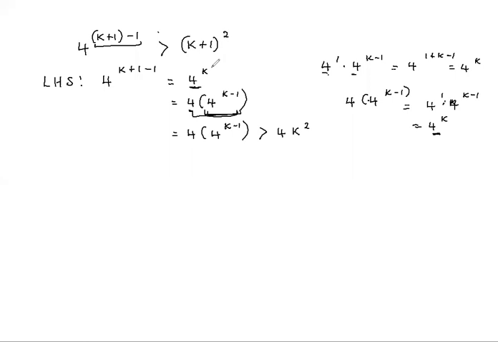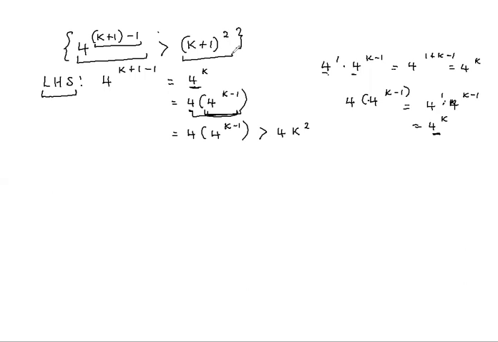Because when you expand k plus 1 squared... We have gotten the left-hand side of this, which is this part only. We haven't started talking about this part. Oh, okay. Yes, so we're saying the left-hand side is the same as 4 to the power k.